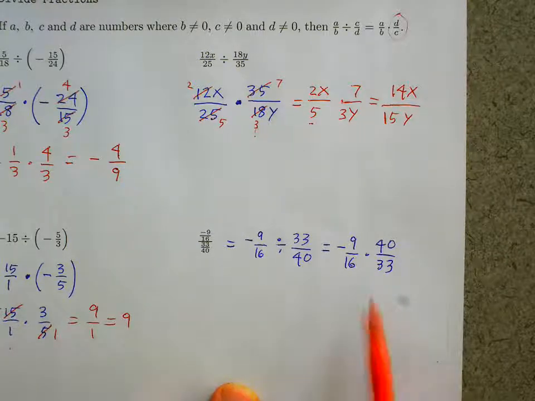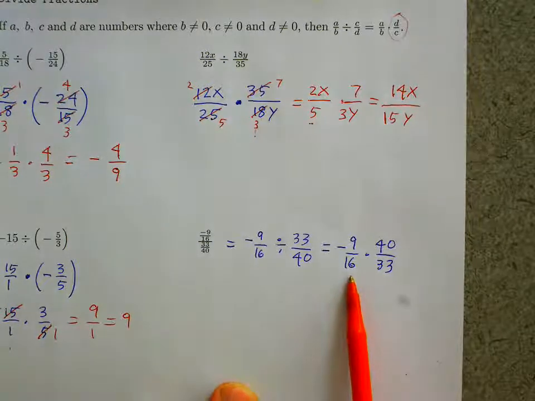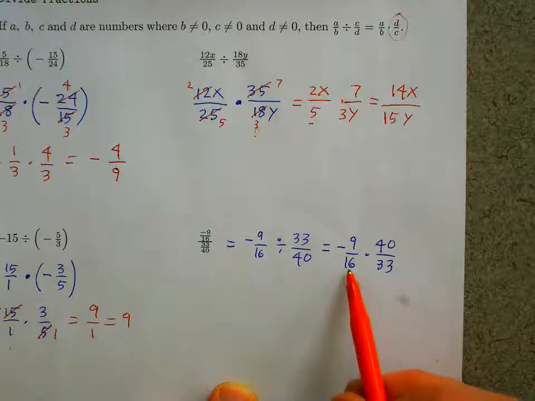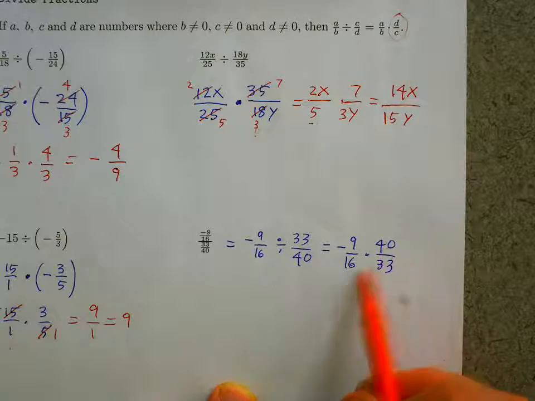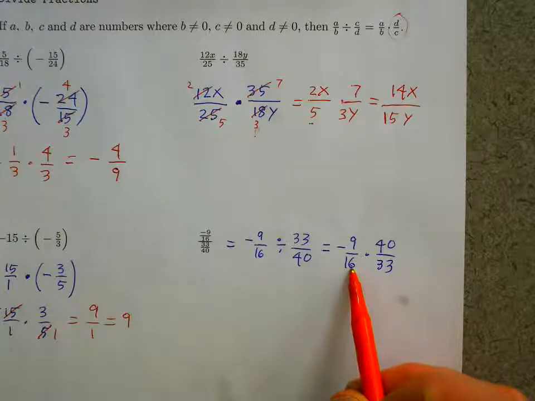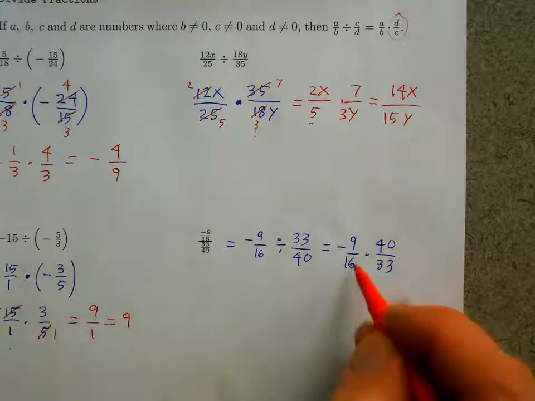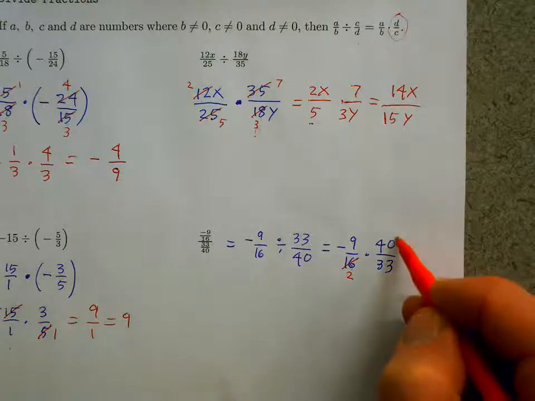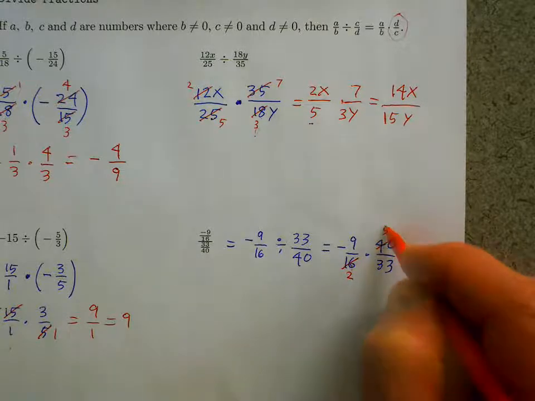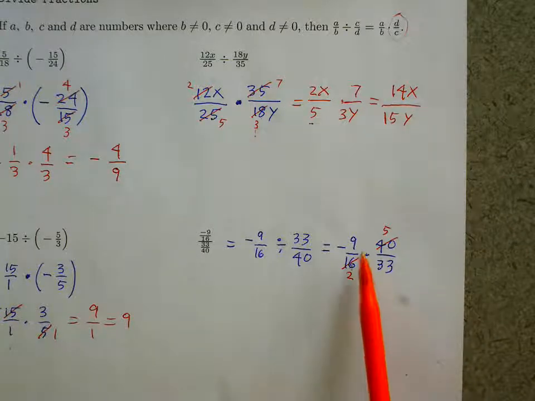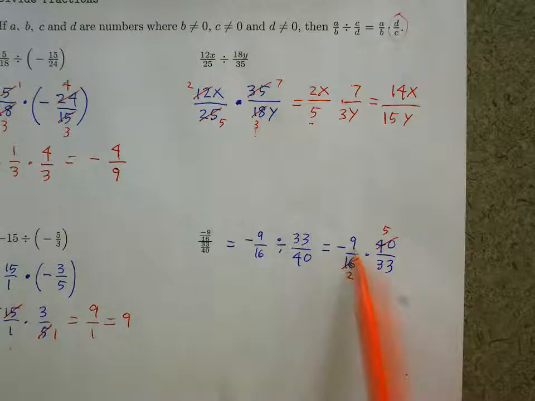And then we can look for common factors that will cancel from the numerator and denominator. We're comparing 16 and 40. 8 is a factor of 16 and 40. 8 goes into 16 twice. 8 goes into 40 5 times. And then we compare negative 9, or just compare 9 with 33.